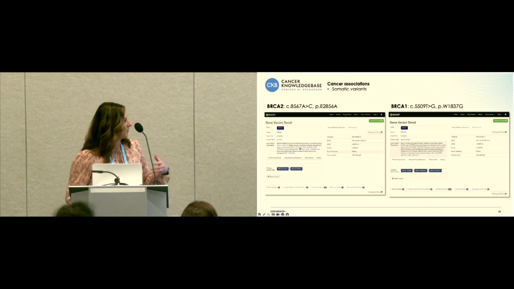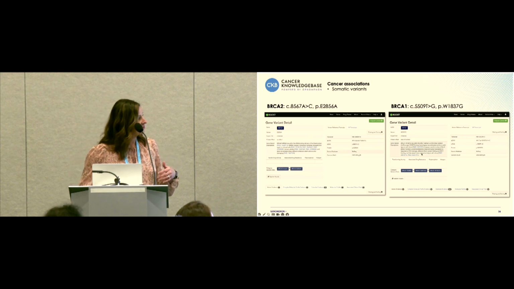And so it's been identified, again, as no effect, behaves similar to wild type. If we look at the BRCA1 variant and search on this one, we see that this particular variant actually results in a loss of function. Again, if we focus on the variant description here, there is evidence to support that this variant results in a loss of protein function.